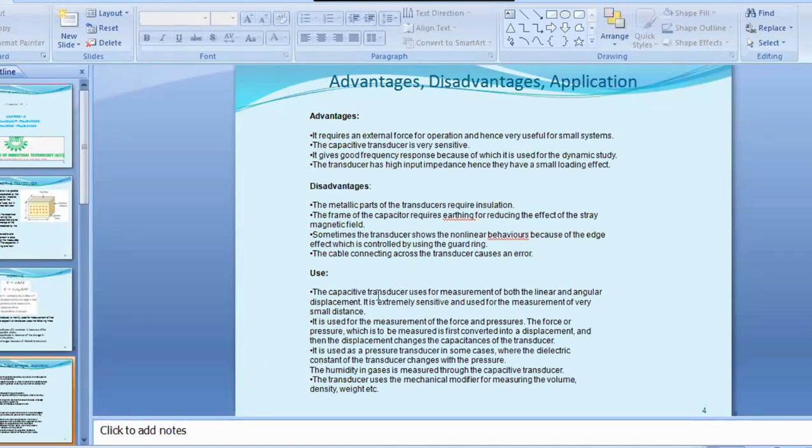Applications: it is used for linear measurements because we are varying a linear displacement, like the LVDT. That is one classification. I have also shown the rotary type. Rotary means angular displacement. Similarly, in the capacitive transducer we can design an arrangement to indicate angular displacement, where the movable plate moves in a circular way.